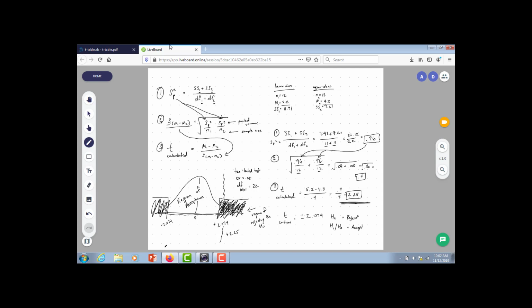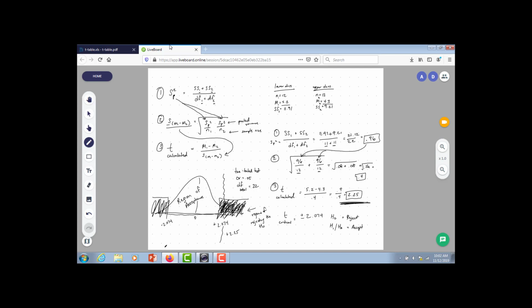Okay. So we're basically doing that because our T calculated is out in the tails. The apple is falling far from the tree, right? And it is significantly different, not just by chance, but perhaps because of the manipulation of the socioeconomic classification.